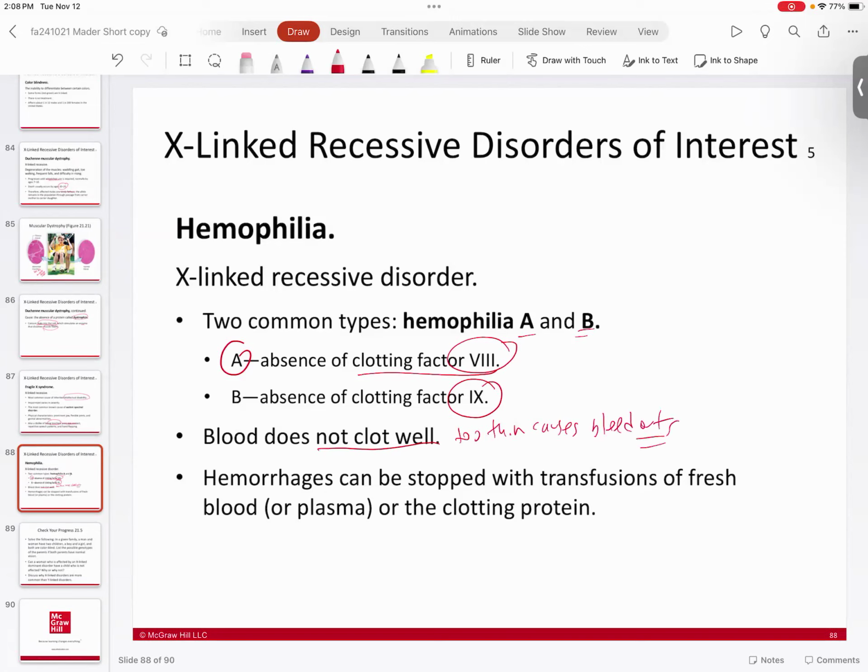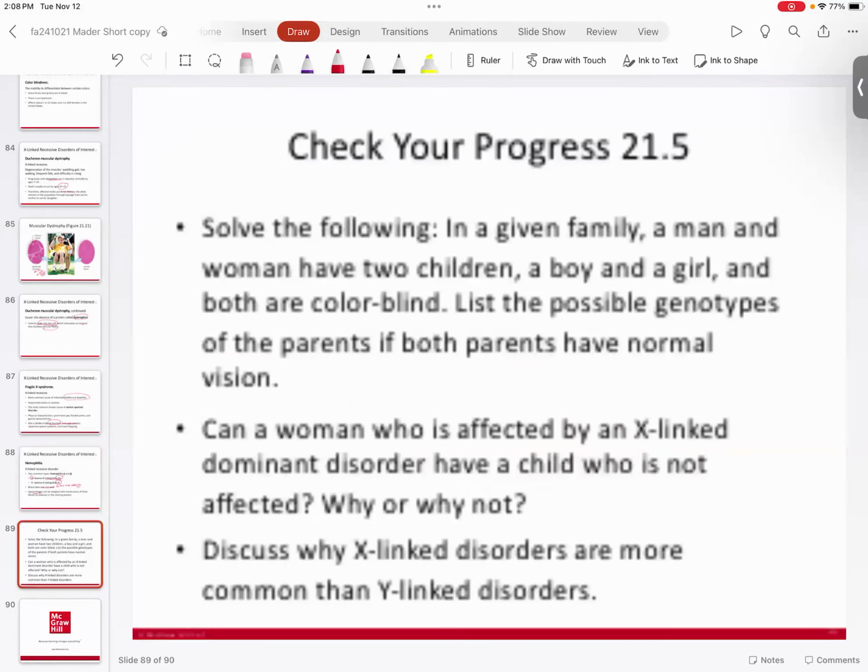So you can hemorrhage over silly things like just a minor cut or even a bloody nose, which can be a life-threatening situation for a hemophiliac. And so you can stop the hemorrhages by getting transfusions of fresh blood, getting some of that clotting factor into you so that your blood can coagulate and clot normally. But this is a genetic disorder, an X-linked genetic disorder.